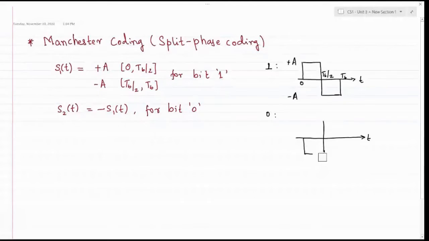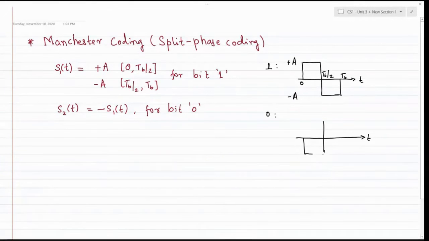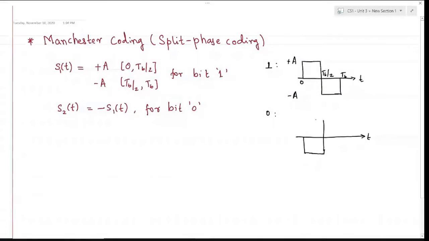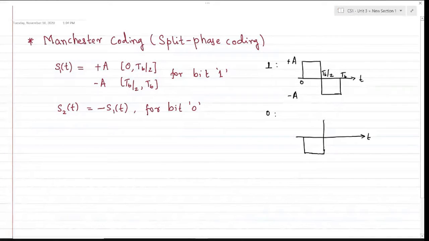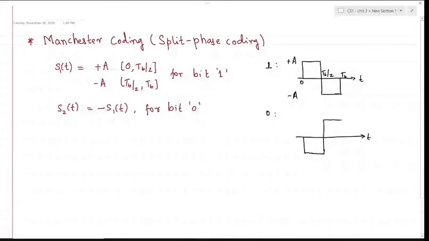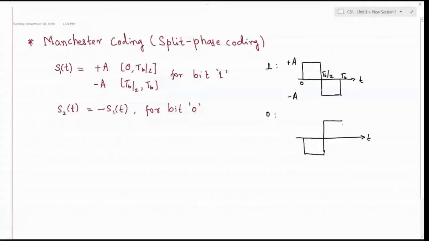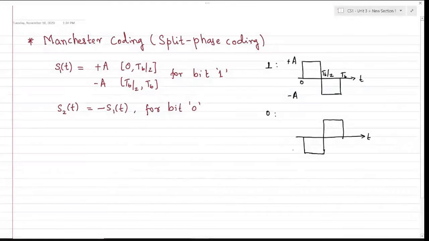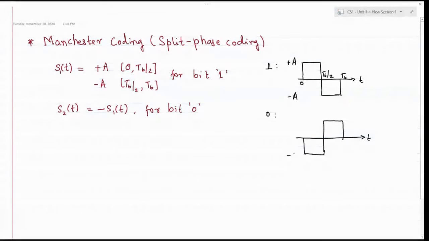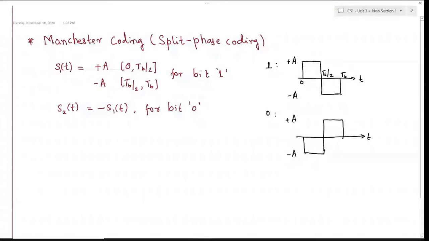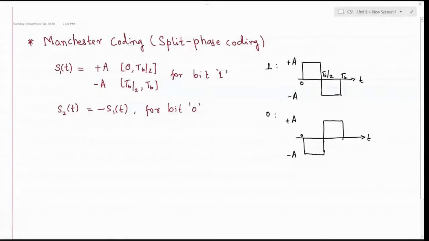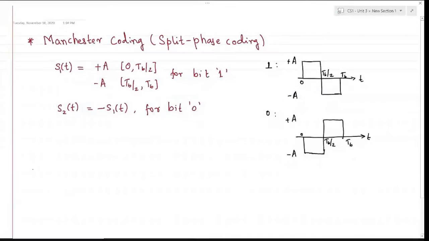I cannot have a non-return to 0 scheme at all, because I intentionally change its amplitude in the middle of the bit duration. Hence Manchester coding doesn't fall under either category. It's completely different, with minus A and plus A over 0 to TB by 2 and TB.